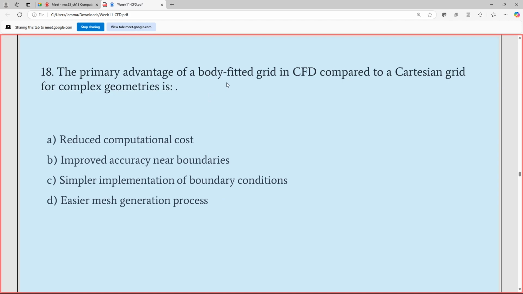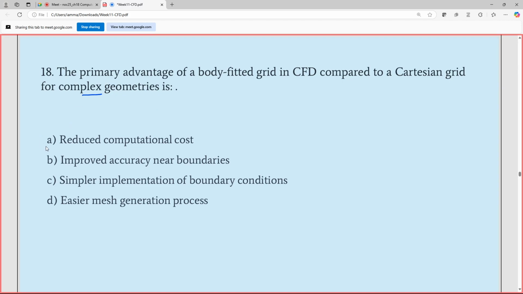The primary advantage of a body fitted grid in CFD compared to a Cartesian grid for complex geometries. The question is asking what is the advantage of using a body fitted grid over a Cartesian grid for complex geometries.